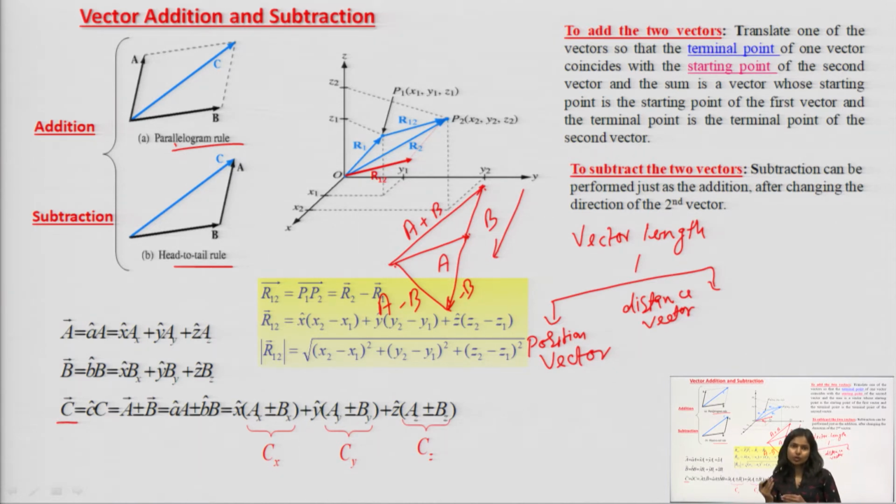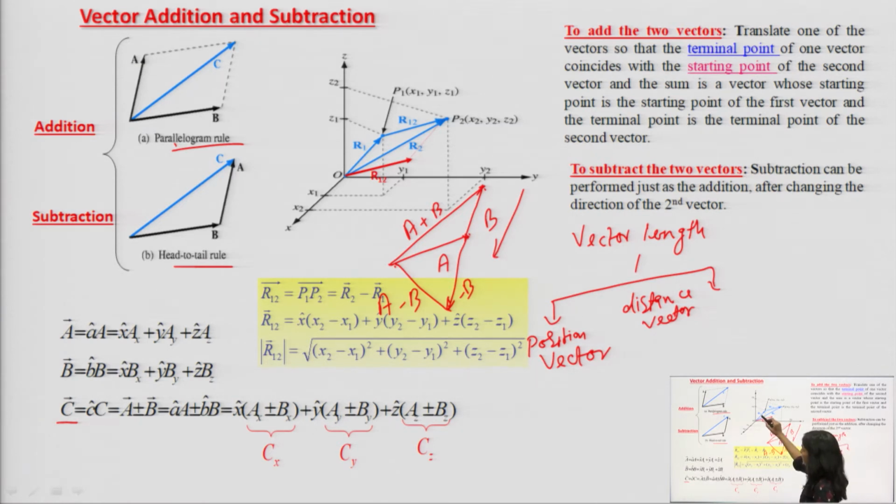It means the position of P1 and P2 with respect to the origin, but the vector between these two points, P1 and P2, will be termed the distance vector. This vector gives the idea of the distance between these two points. So these are the two kinds of vector, the position vector and the distance vector.